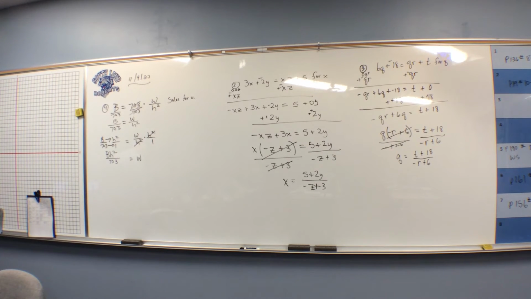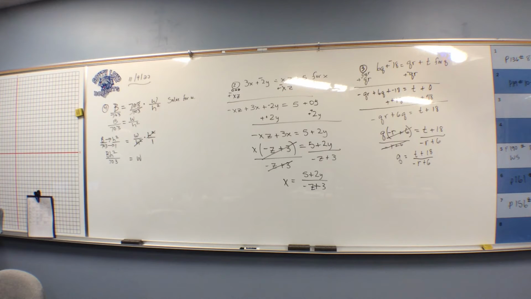Is everybody good? Now I'm going to look at the second part of this. I've solved for a formula. Now it says, what is the weight of a person who is 64 inches tall and has a body mass index of 21.45?